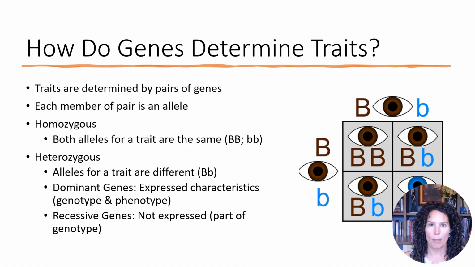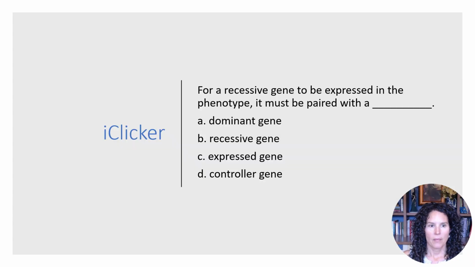The dominant genes are both in the genotype and in the phenotype, but the recessive genes aren't expressed, they are just a part of the genotype, not a part of the phenotype. And so in general, for a recessive gene to be expressed in the phenotype, it has to be paired with another recessive gene.